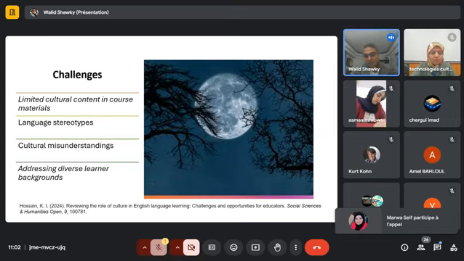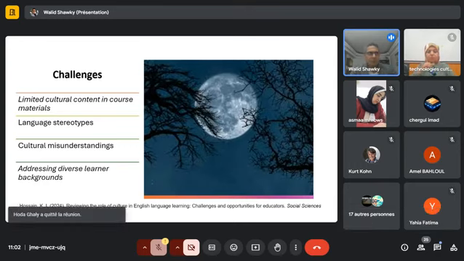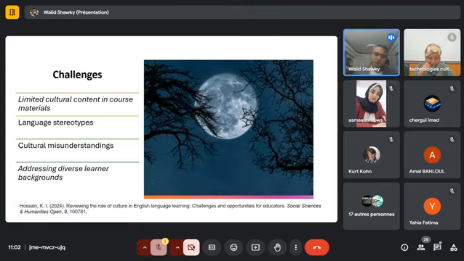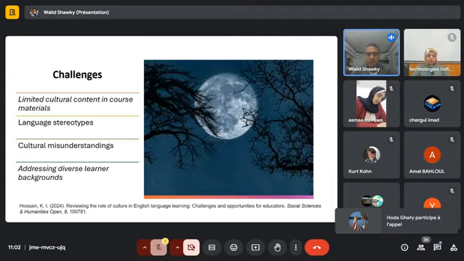Language stereotypes. Our students and even our teachers sometimes have stereotypes about specific cultures. So sometimes they might say that all Americans do this, or all Spanish do this, all British, all Egyptians do this. I like the Japanese people because they are all kind, or I don't like this specific nation because they all look like this, or because they are white or black or whatever, the stereotype that they have about the people.